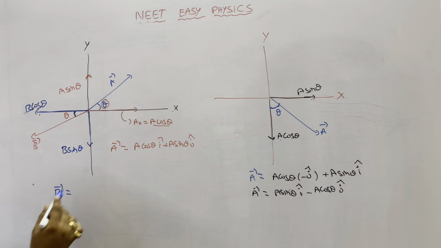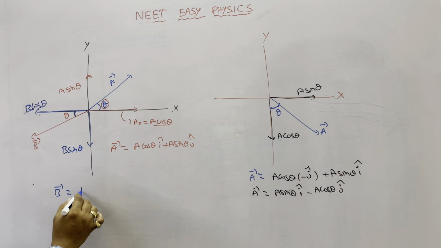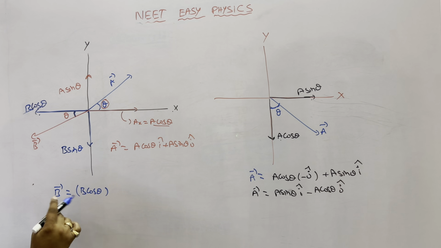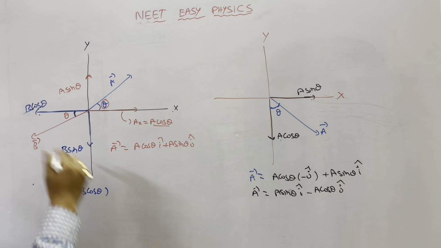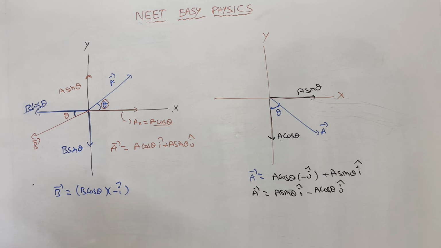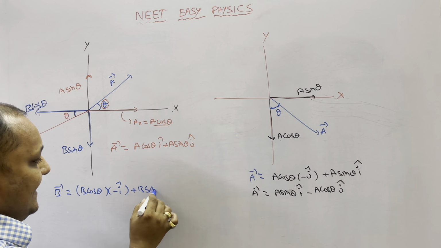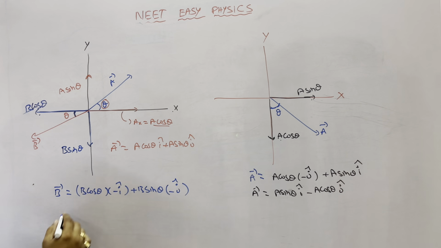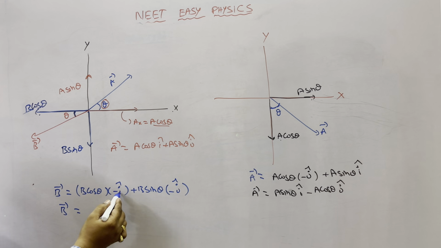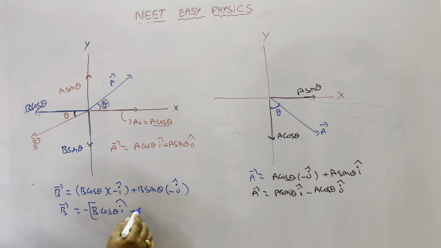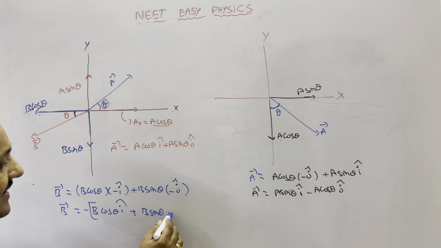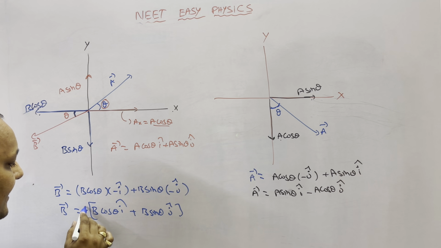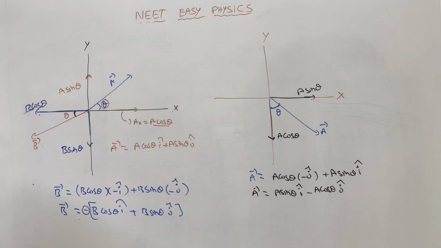If you want to write B bar, B cos theta is along which direction? Minus i cap, plus B sin theta, which is along minus j cap. Therefore, B bar is equal to B cos theta minus i cap, and if you are taking minus common, plus B sin theta j cap.